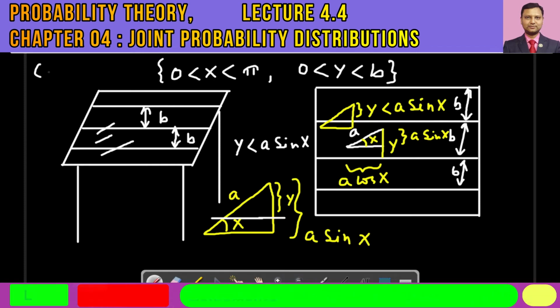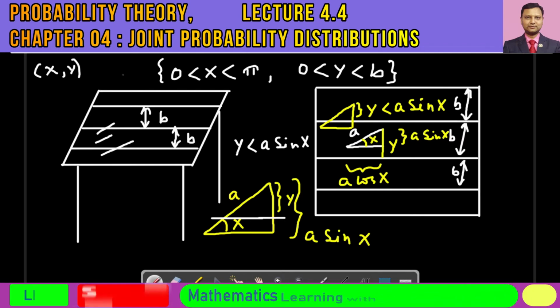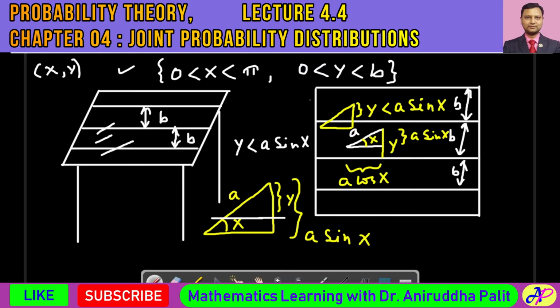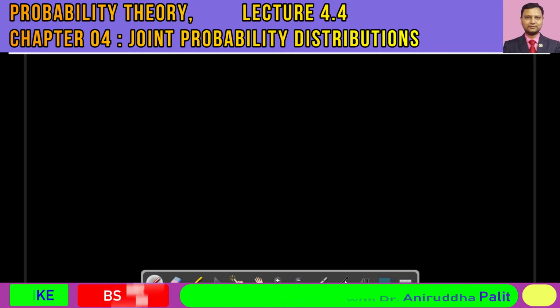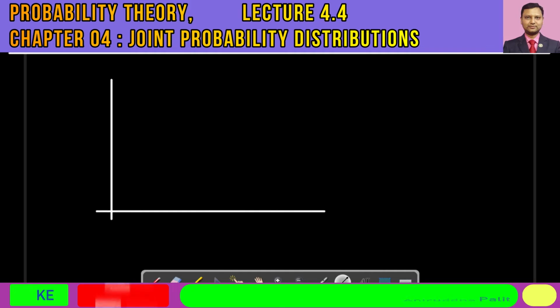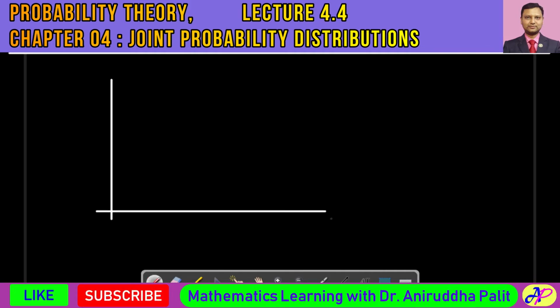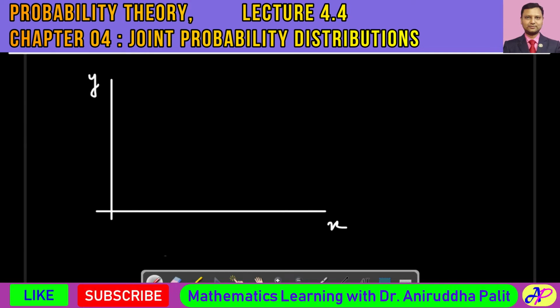So we can say that over here this joint random variable has this kind of spectrum, and you observe that this spectrum represents a rectangular region in two-dimensional plane. So if we draw the spectrum, what would it look like? Say these are the two axes, suppose this is the x-axis, this is the y-axis, and 0.